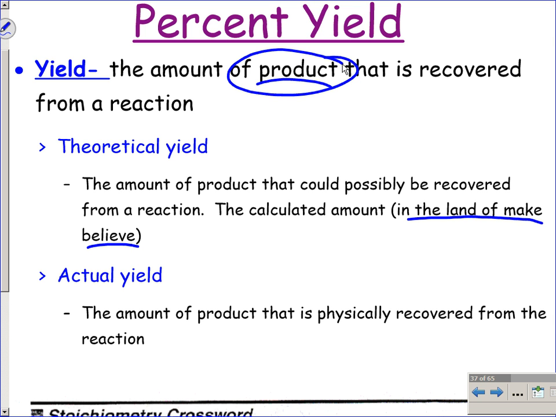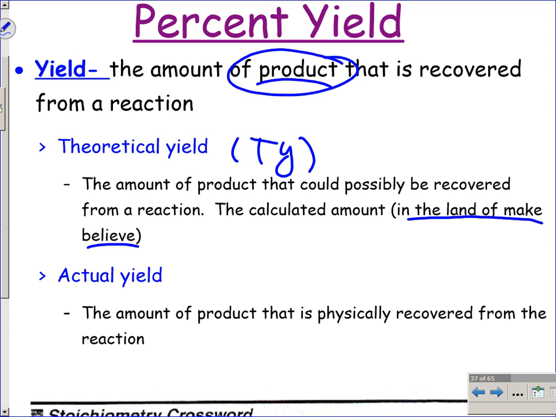We would get a certain amount of yield. We would get a certain amount of product. And we call that theoretical because theoretically, we should get this amount of product if we do this perfectly. But that's not always the case. And so we do call that TY, theoretical yield, because we should be able to get that from a given amount of reactants that react. And that's what we think should happen.